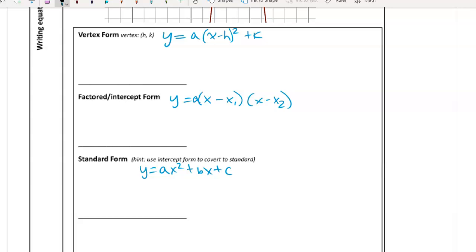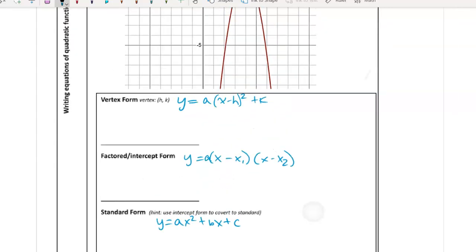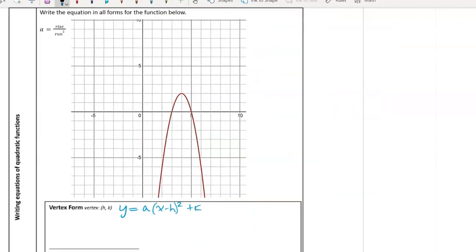So in order to start with our vertex form, we're going to have to look at the vertex of the graph and find our a value. At the top of your page, you should see there that it says a equals rise over run squared.